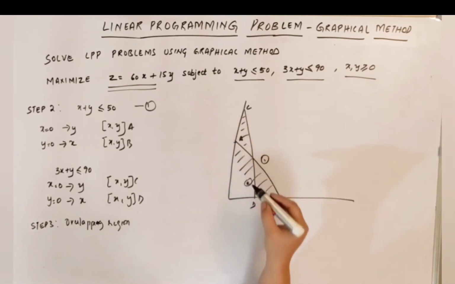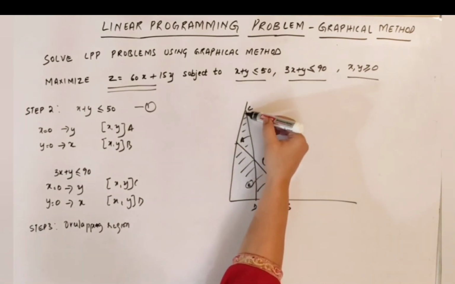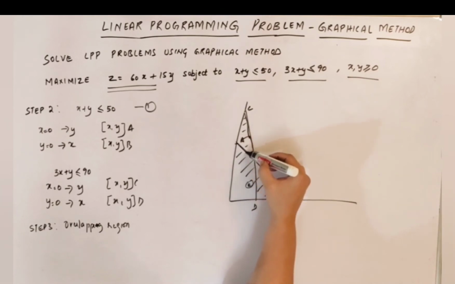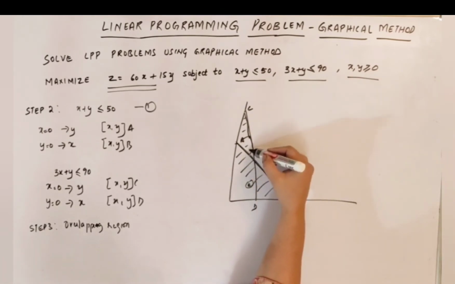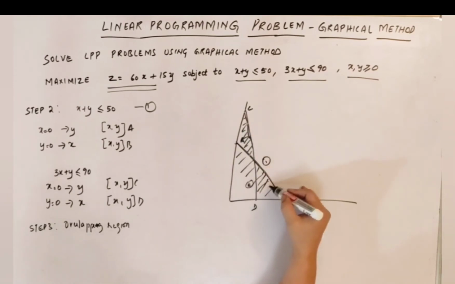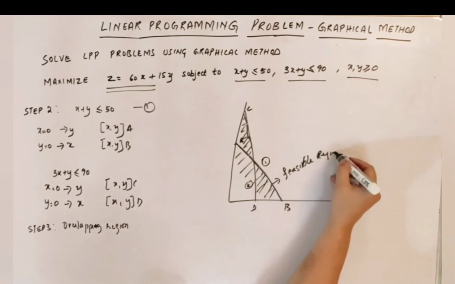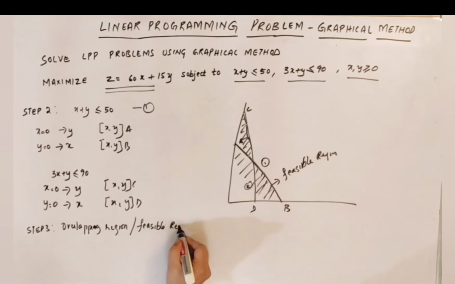Within this region, there will be an overlapping area between this particular plane where this constraint is and another plane where this constraint is, right? There is an overlapping region. Now if you see visibly here, this will be overlapping here. We identify the overlapping region and then call it a feasible region, right? Overlapping region is nothing but the feasible region.